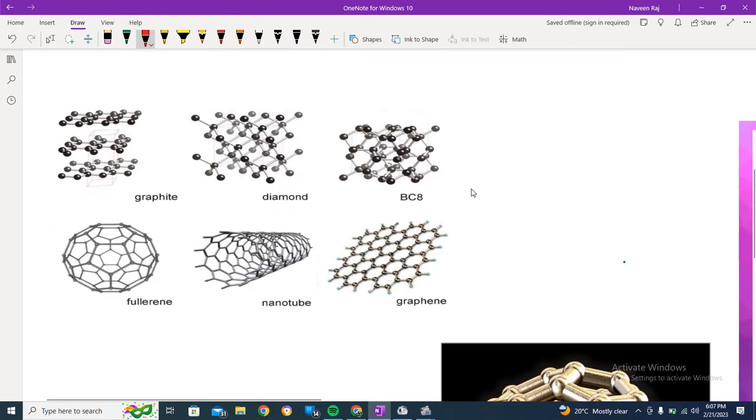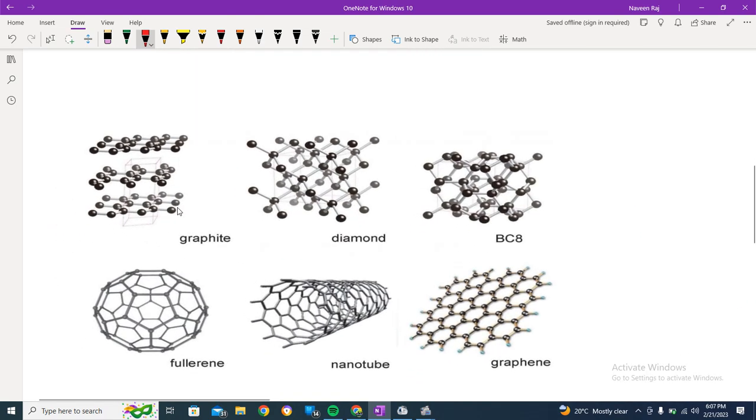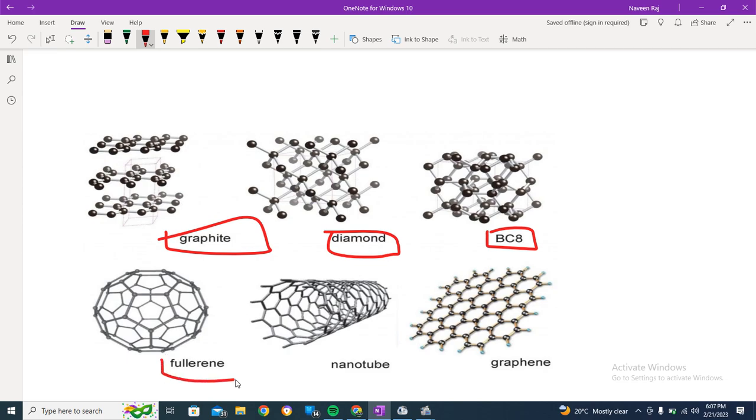Here we see some other forms too. Not only do carbon, graphite and diamond exist, there are other forms as well, like BC8, which we will probably study in chemical engineering or your future studies. Buckminsterfullerenes have a ball-like arrangement of atoms, where 60 carbon atoms form a single unit of the Buckminsterfullerene, or fullerene.